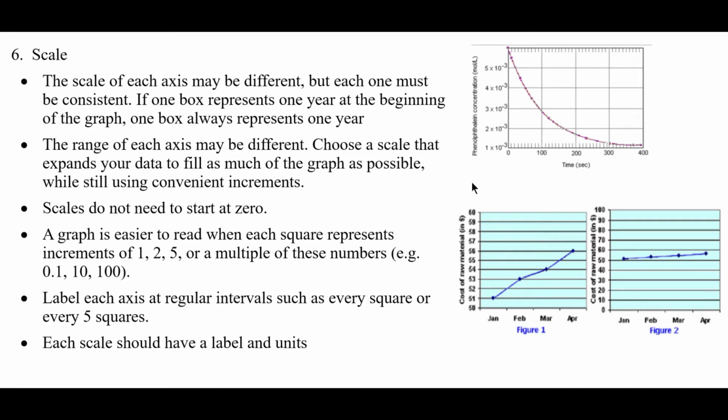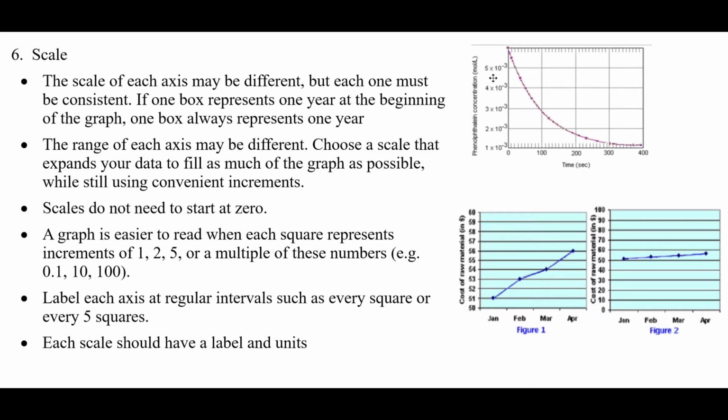You'll notice that the scale for the y-axis here doesn't start at 0. Many times it's not going to. Right? You want to choose a scale that's going to fill your graph. If I started here at 0, there would be a large blank space and all of my data would be in one area.